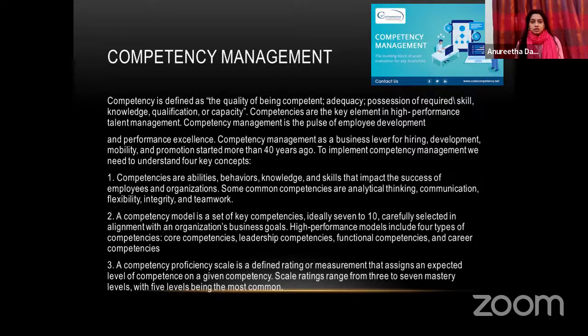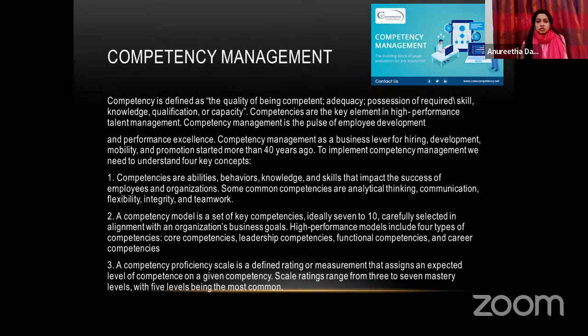Competency management as a business level for hiring, development, mobility, and promotion started more than 40 years ago. To implement competency management, we need to understand 4 key concepts. First, competencies are abilities, behaviors, knowledge, and skills that impact the success of employees, and their thinking, communication, flexibility, and teamwork.